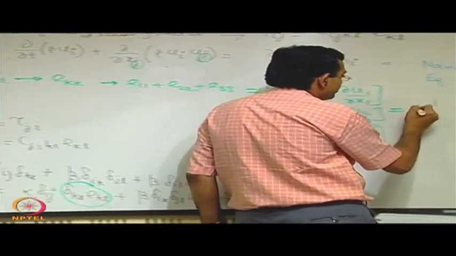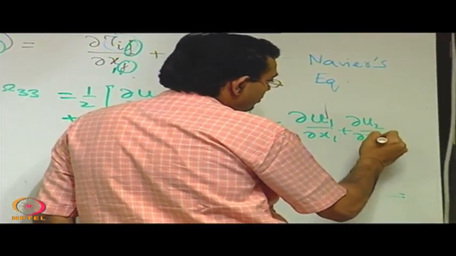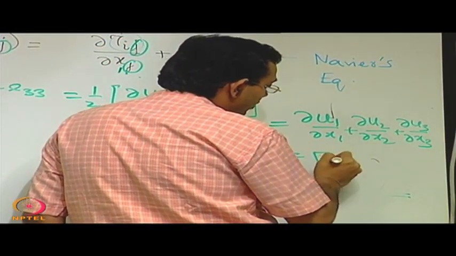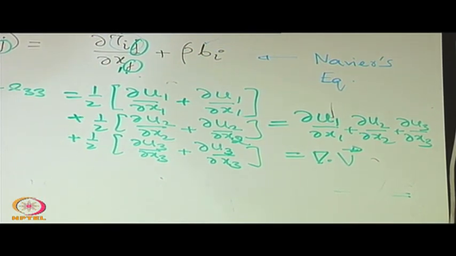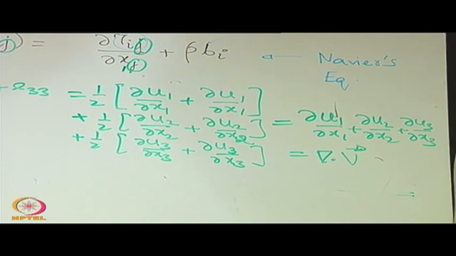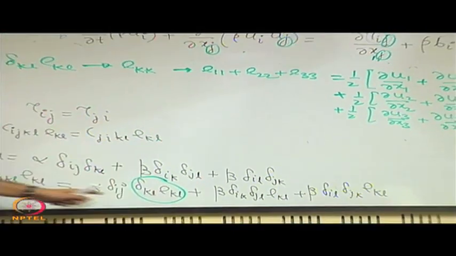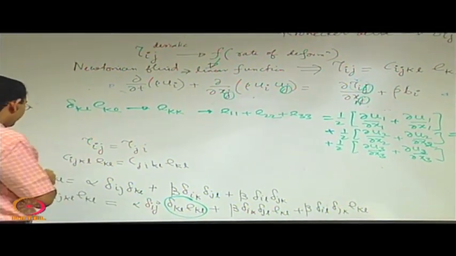This is the divergence of the velocity vector. So we can clearly understand that this has something to do with the compressibility of the fluid, the volumetric rate of strain of the fluid. So the first term we can understand should be related to the rate of volumetric strain of the fluid. So tau ij's first term we have come up with.